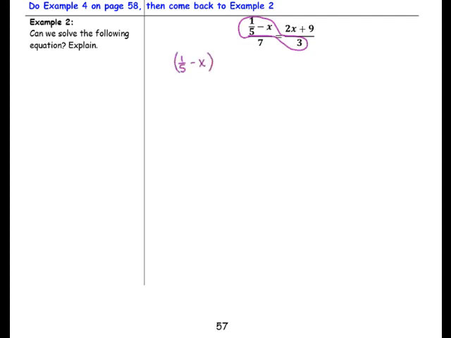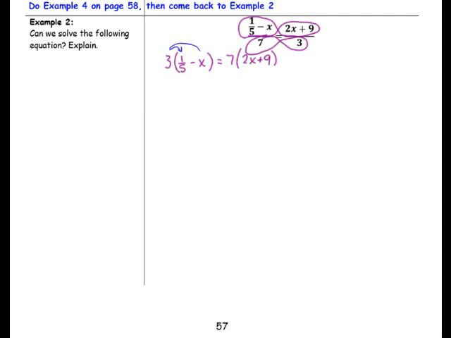Remember to use parentheses when you have more than one term. Times 3 is equal to 7 times the quantity, 2x plus 9. If you're confident in solving these kinds of equations, go ahead and pause the video and solve the equation.